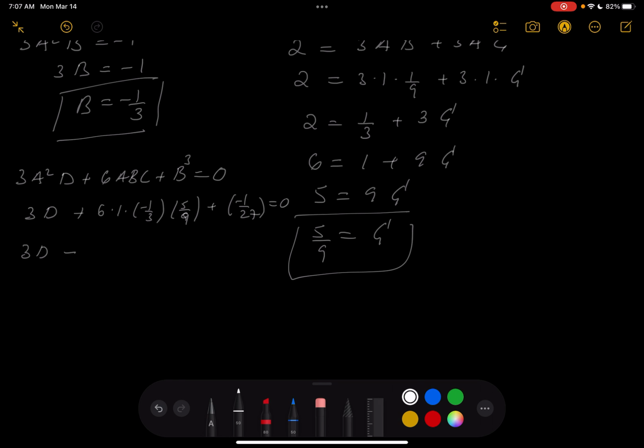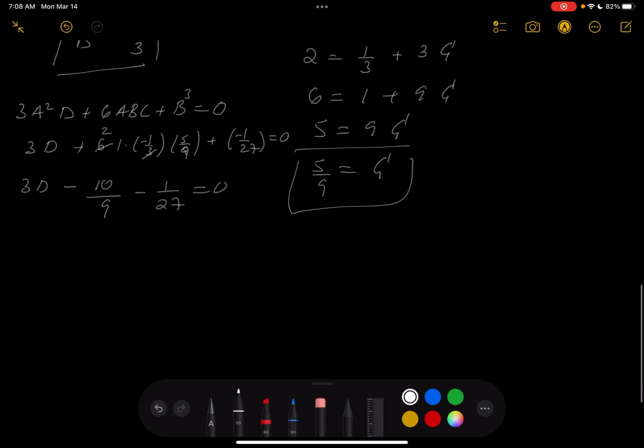I'm going to reduce it by a 3. So you get minus 10, right? Because I reduced it by a 3, and that's 9. And then you get minus 1/27 equals 0. I can multiply both sides by 27.